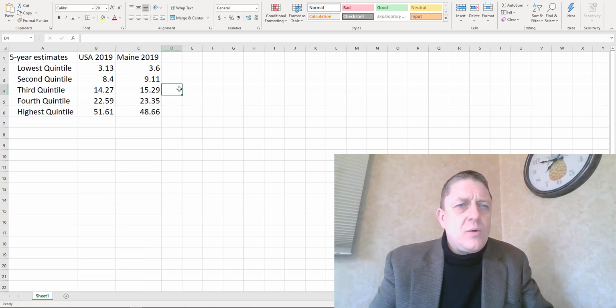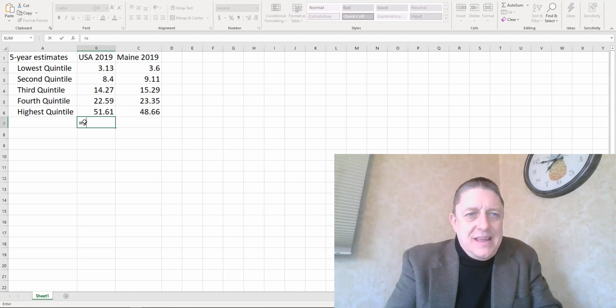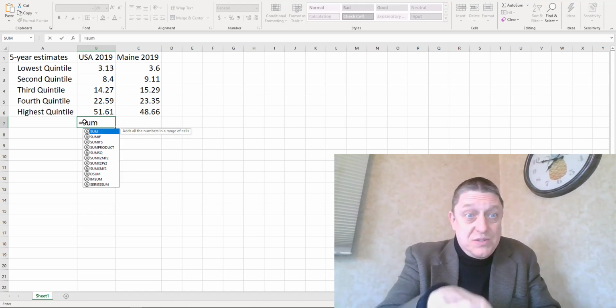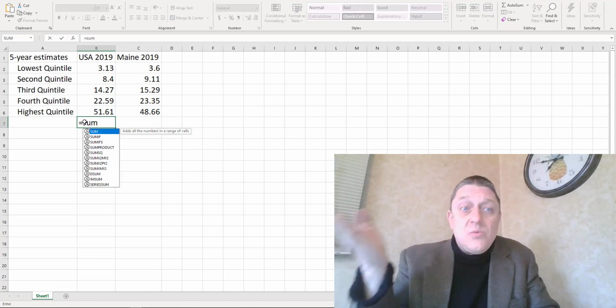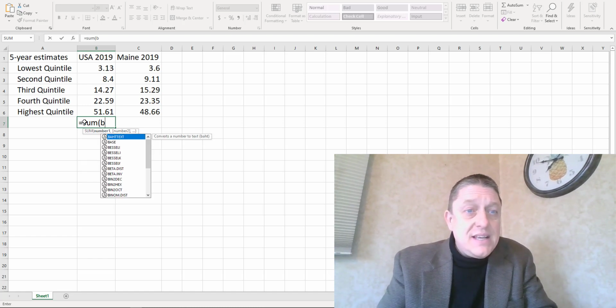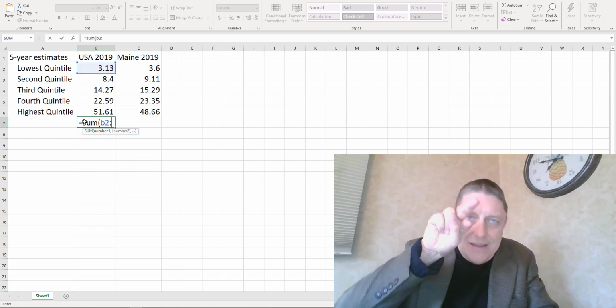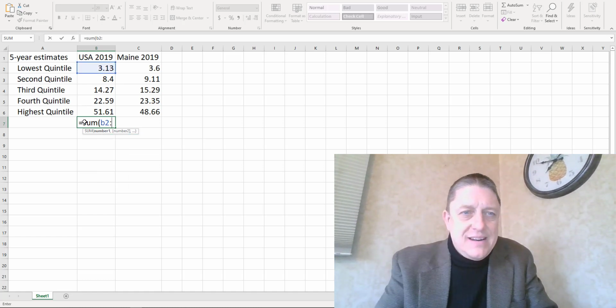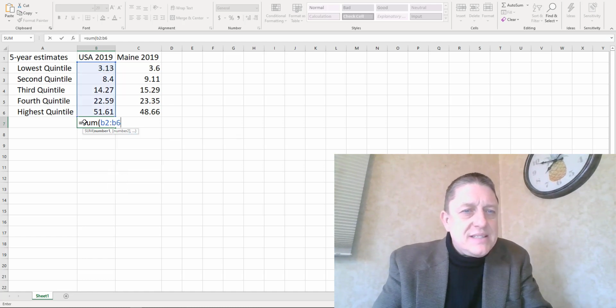And there we go. Now, when we sum these rows up using the equals sum and then the names of the cells, in this case, it's column B, row 2, and then use the little colon to indicate a range, to B6.